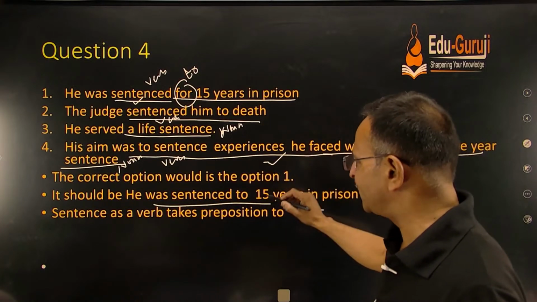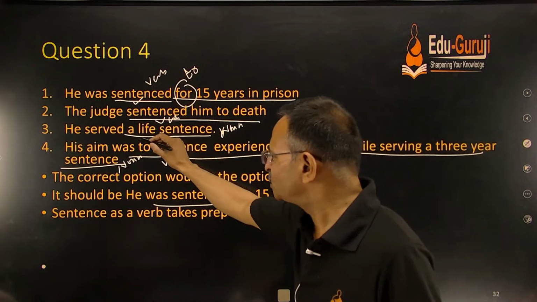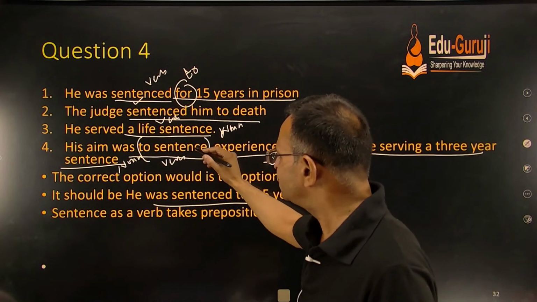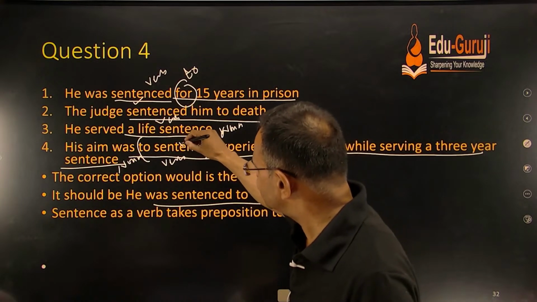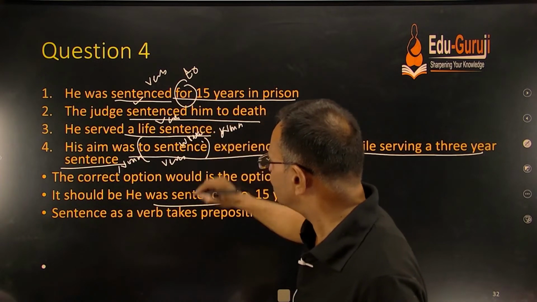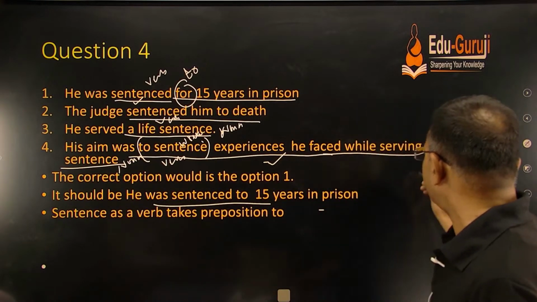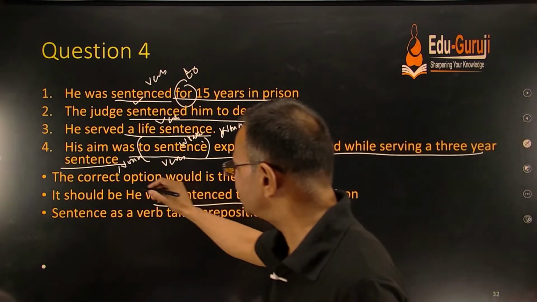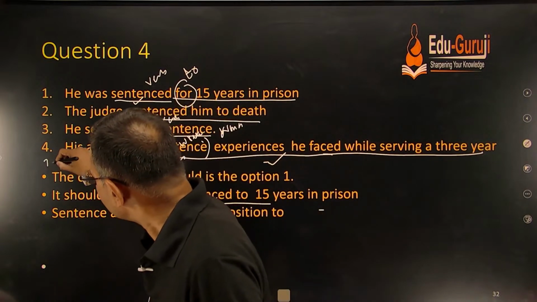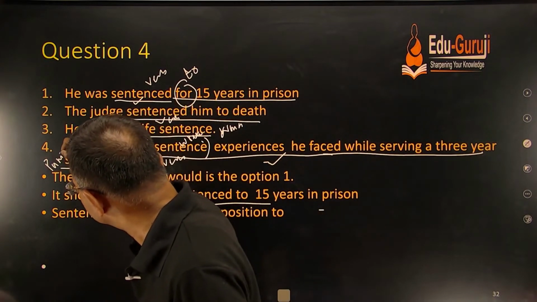Coming to the fourth one, this is to sentence. Here it is being used with the meaning to write. Here the meaning of sentence is to write, and there sentence is the punishment. I hope it is clear to you, right?